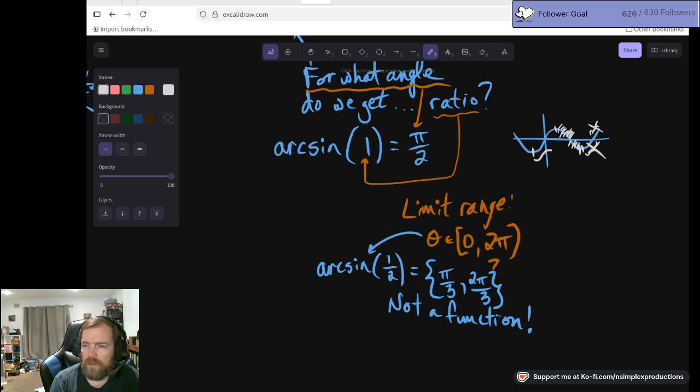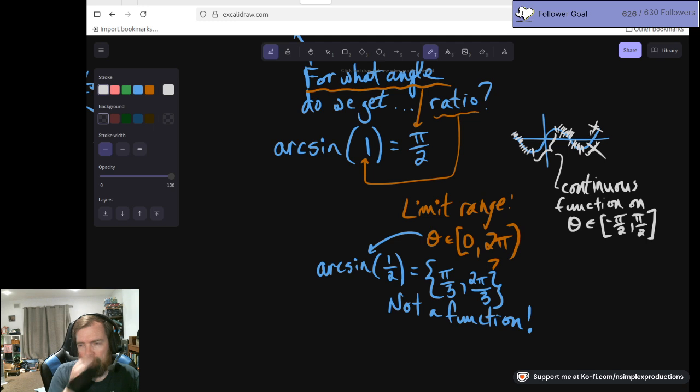So now we have a connected space. We're using a continuous function, from negative pi over 2 to pi over 2. That looks pretty good. So we use theta equal to arcsine of this ratio.